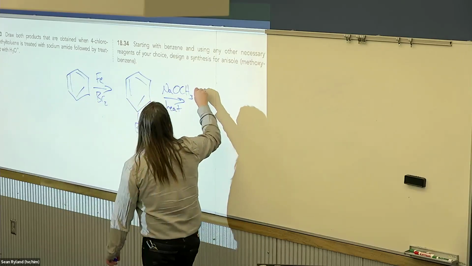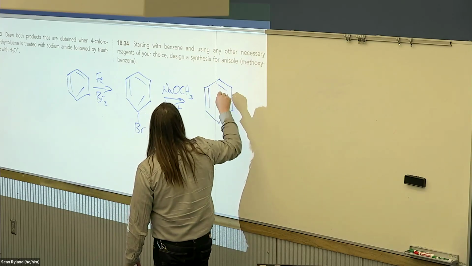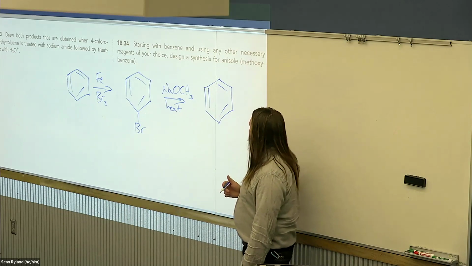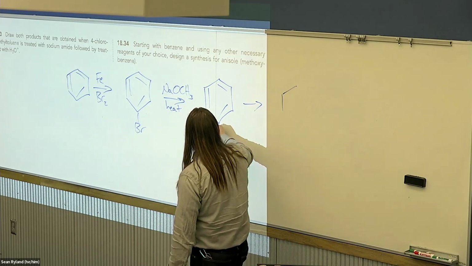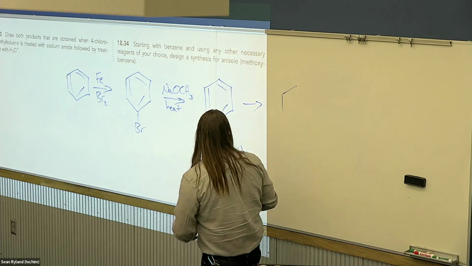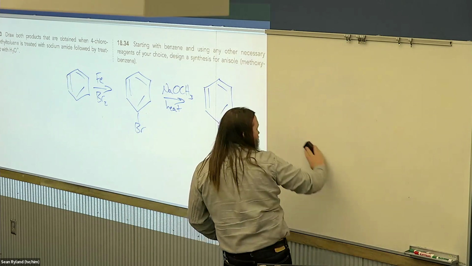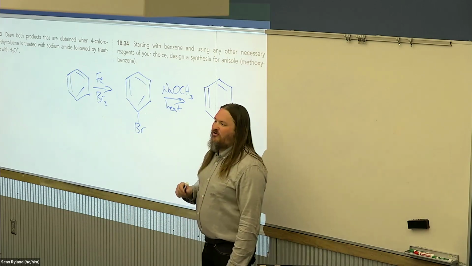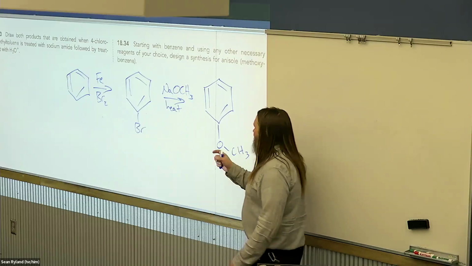We get our product. We don't need to worry about the substitution in this case, or about what isomer we're getting. But if it is a disubstituted product we're trying to make, we might have to be careful about what order we do things in.